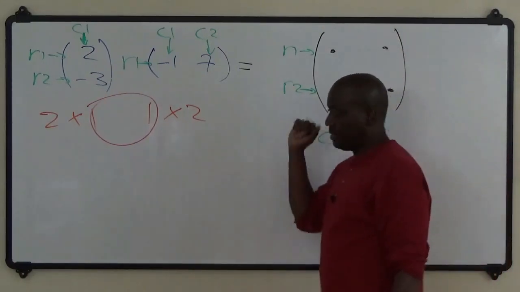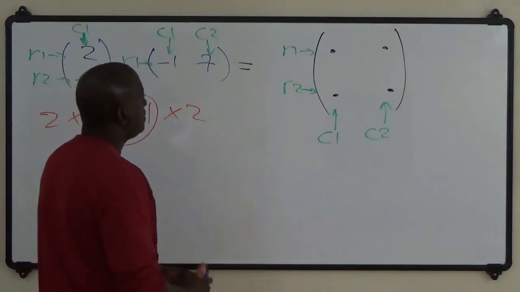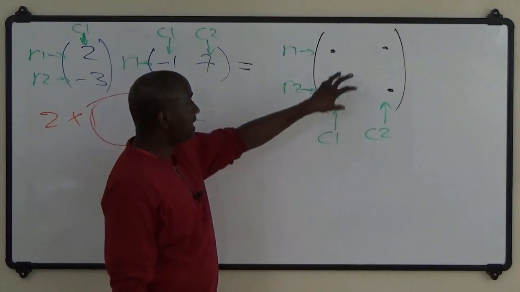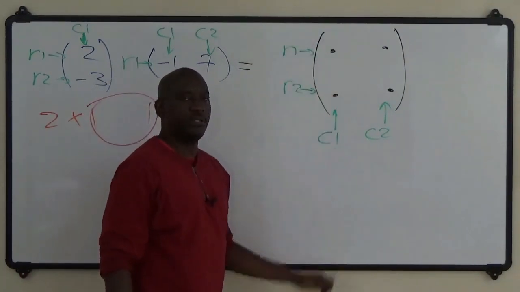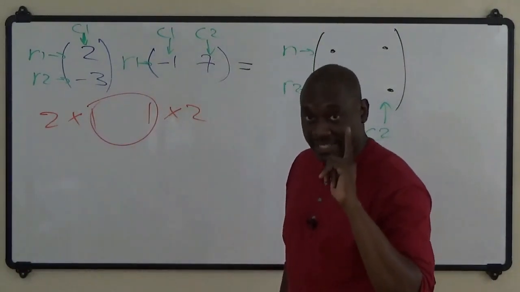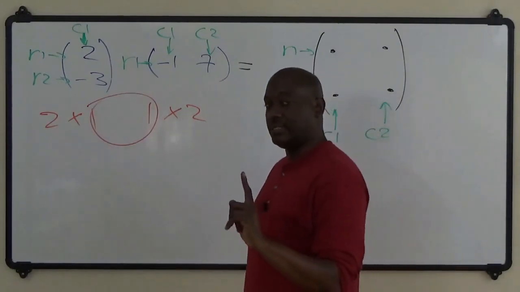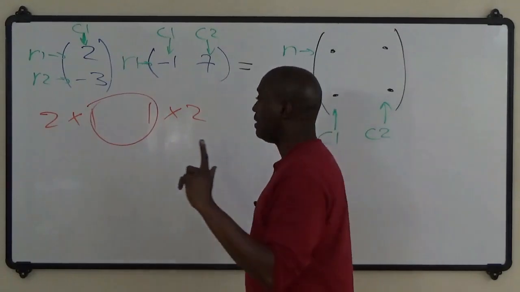Now, let me start with the one on top. How do we get the value that is located at the intersection of the first row and the first column? Well, this is the part where you need to listen now. We do that by interacting, right? Interaction versus intersection.